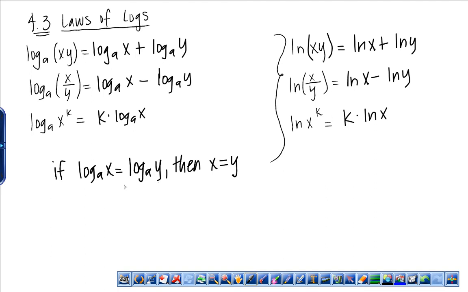And I think some of y'all have already seen this when you're solving your equations. Your log base A's fall out and x is going to be equal to y. And I can safely say this because this is a one-to-one function. And this can go either way. If x equals y, you can plug in a log and say that this goes the other way as well.